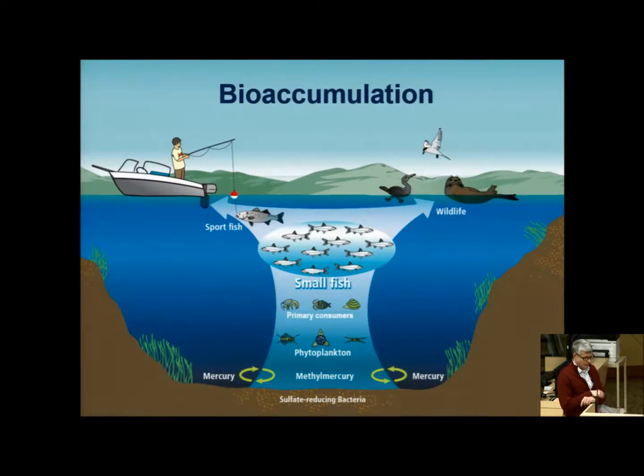So first, bioaccumulation is a general term that describes the uptake of toxic chemicals by any living thing, any biological organism. And it occurs at different levels in the food chain. I'm showing a diagram here that shows the lower trophic levels leading up to the higher trophic levels. The major points of concern from a water quality management perspective are the exposure of humans that eat fish and shellfish.